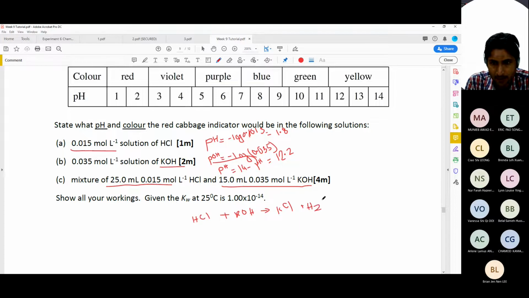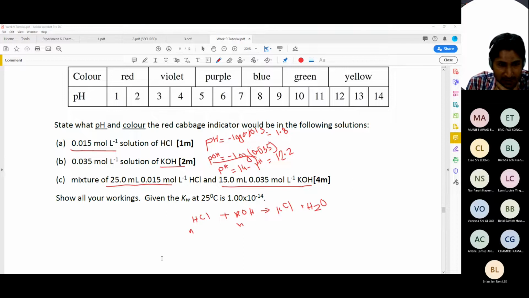All right. 25 milliliters of 0.015 molar HCl, we have to find how many moles that is. The number of moles we will find for potassium hydroxide as well.